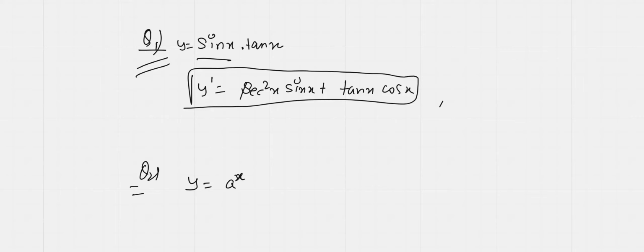Can you think of what you should do here? a is a constant, and the differentiation is with respect to x, so you have to calculate dy by dx. Okay, sir.